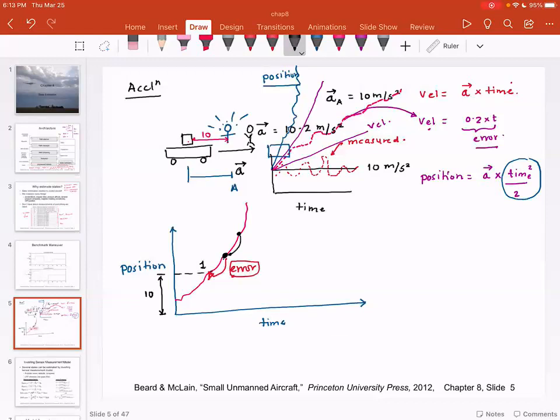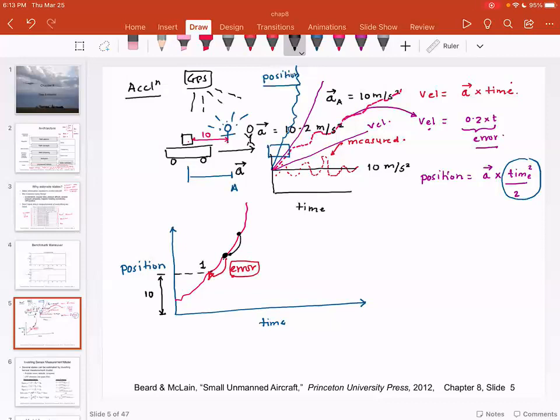This is exactly what GPS does. GPS gives you periodically an accurate measurement of an absolute location. So the error that is generated because of the sensor noise, you try to eliminate or minimize over a period of time.